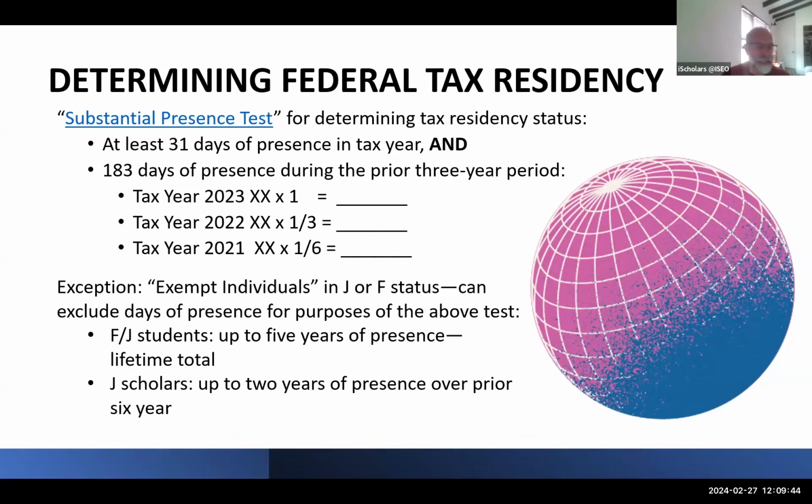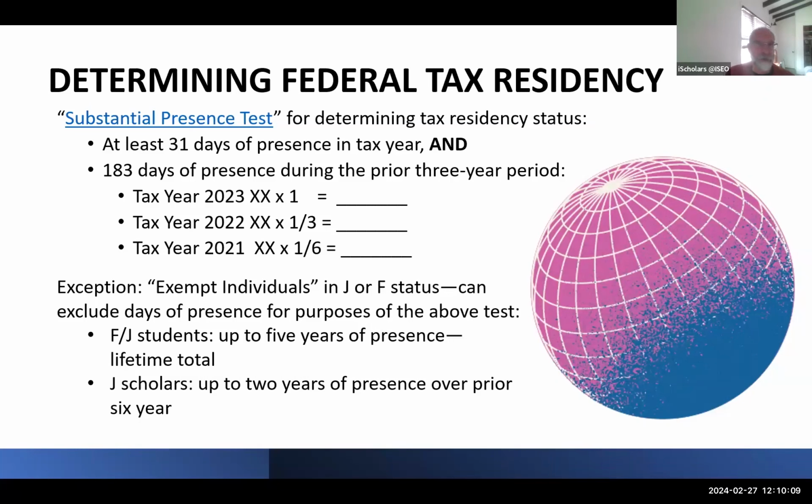For scholars, it's quite a bit different. Scholars look back 6 years and identify whether they've been exempt individuals for at least 2 of those 6 years. So scholars can claim exempt individuals for 2 of the previous 6 years.